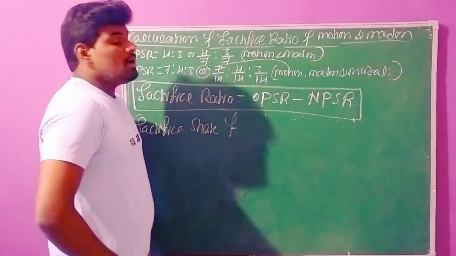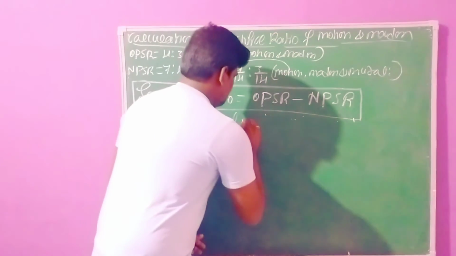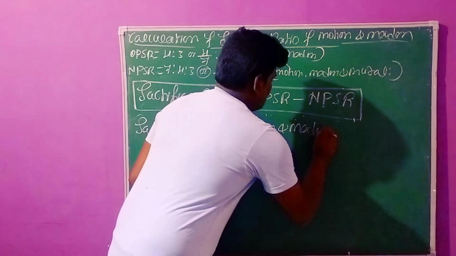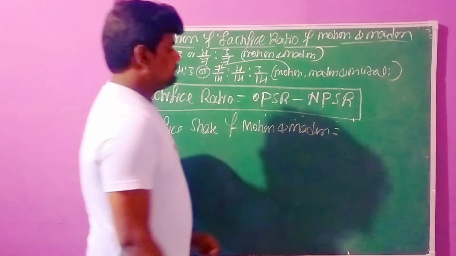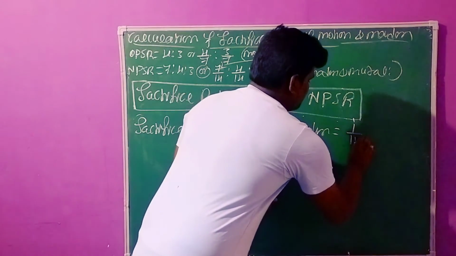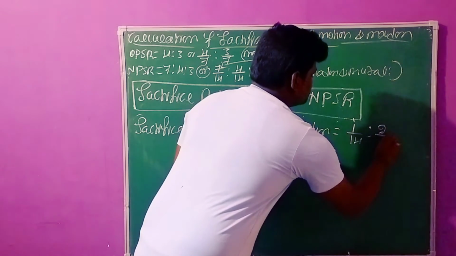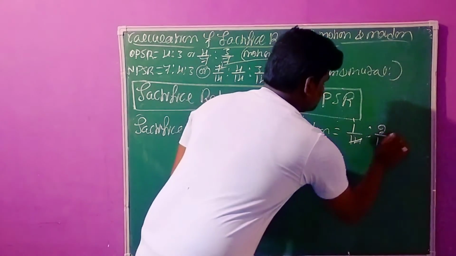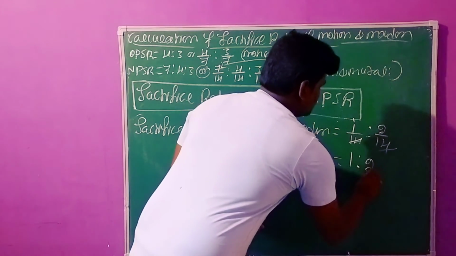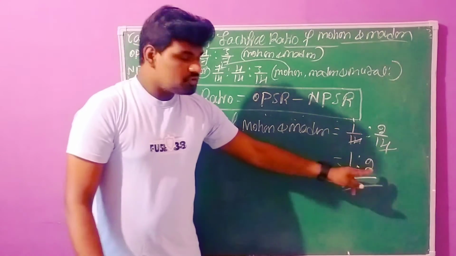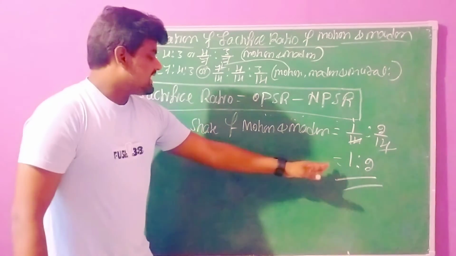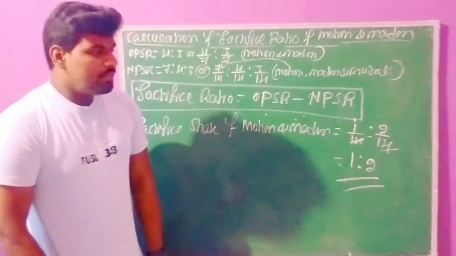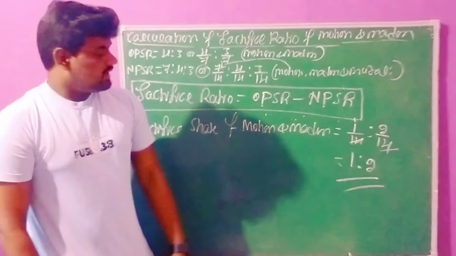Sacrifice share of Mohan and Madan is 1 by 14 and 2 by 14. 14 cancels, so 1 is to 2. This is the sacrifice ratio of Mohan and Madan. Both the old partners are sacrificing in the ratio 1 is to 2.